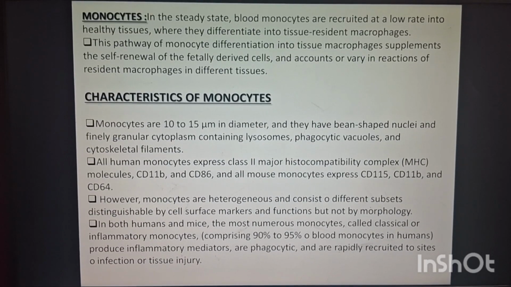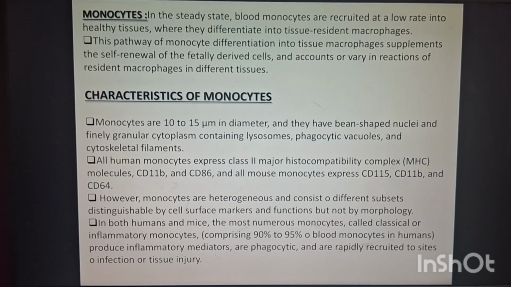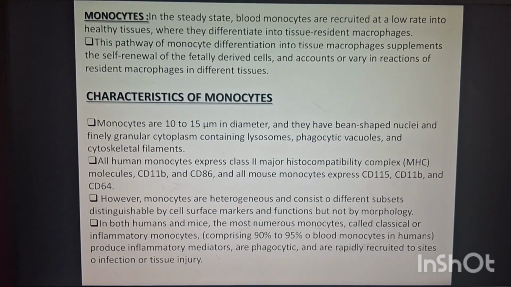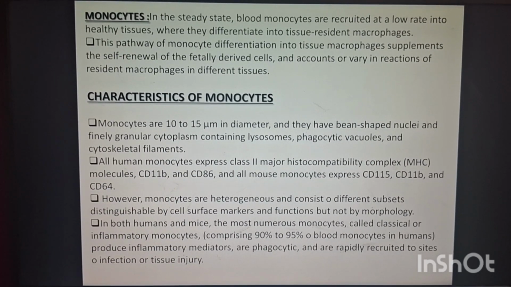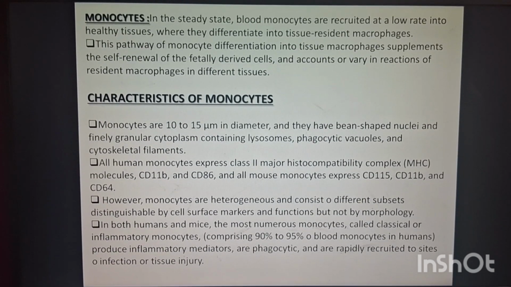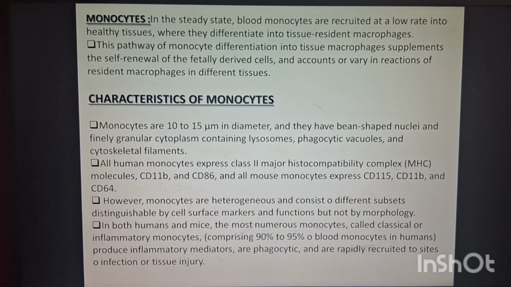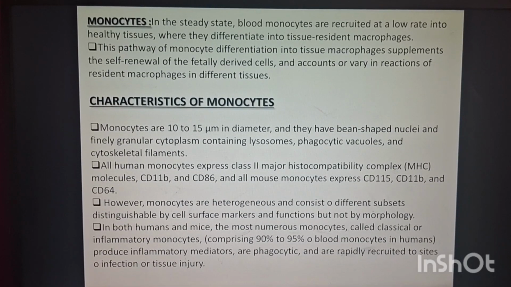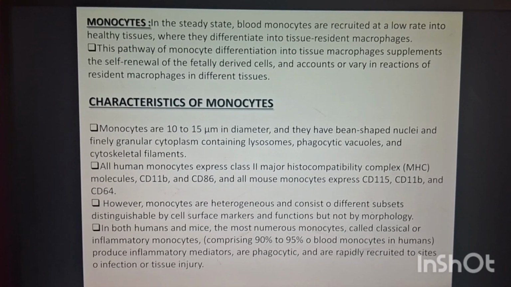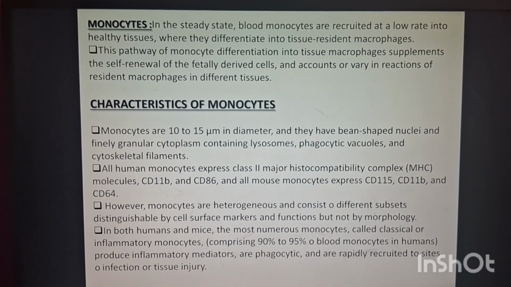Next, subsets of the monocytes. All human monocytes express class 2 major histocompatibility complex, that is MHC molecules, and CD11b and CD86, and all mouse monocytes express CD115 and CD11b and CD64. These are the surface markers of the monocytes.